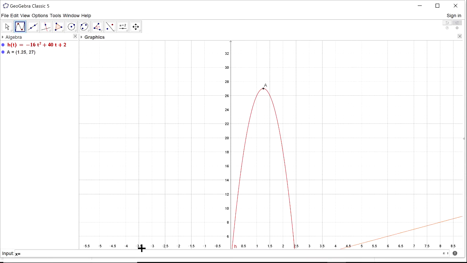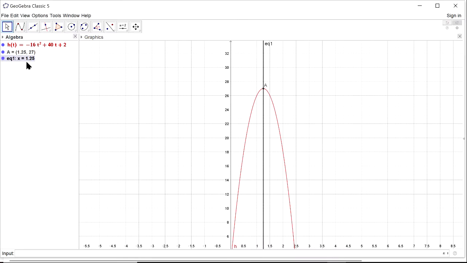If you want, you can also check your answer in GeoGebra by typing in the line. In this case, we actually have t as the input. I should have corrected myself. If we type t equals 1.25 as the line, we can graph it. Through this process, I noticed that GeoGebra only recognizes the independent variable as x, so instead of typing t equals 1.25, we should type x equals 1.25.